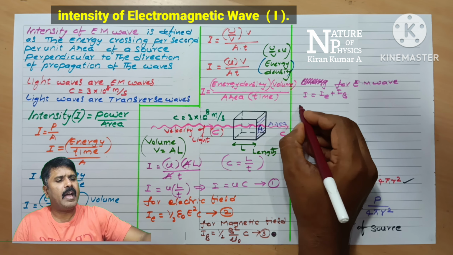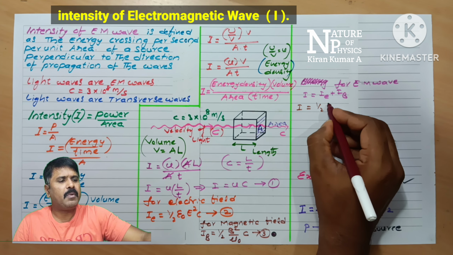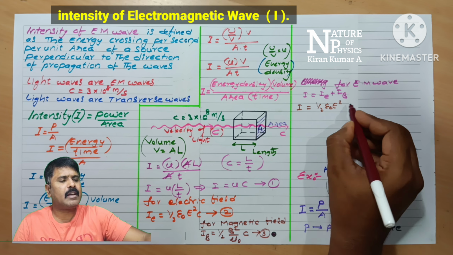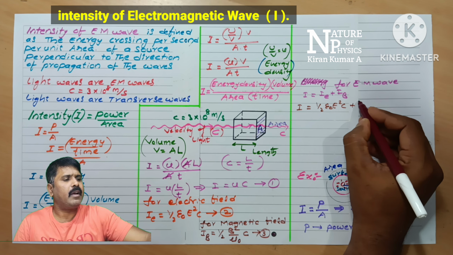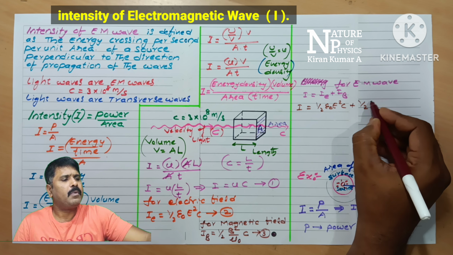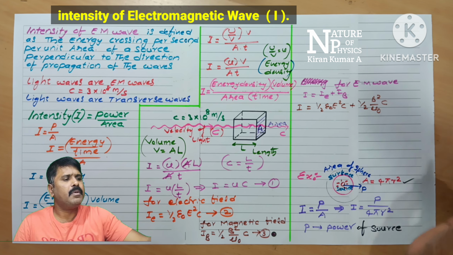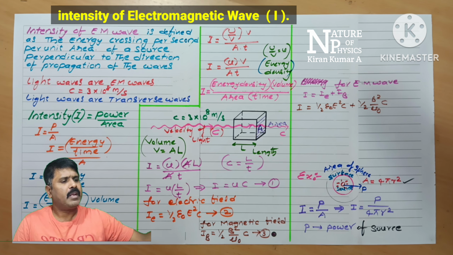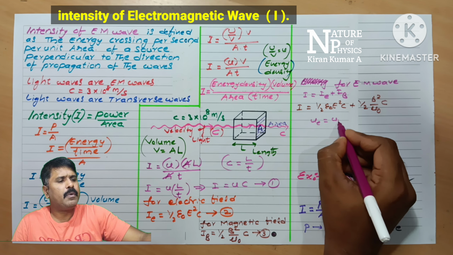Replacing the values, I is equal to I_E, half epsilon naught E square C, plus the magnetic field intensity, half B square divided by mu naught times C. Also, the next step is U_E equal to U_B.